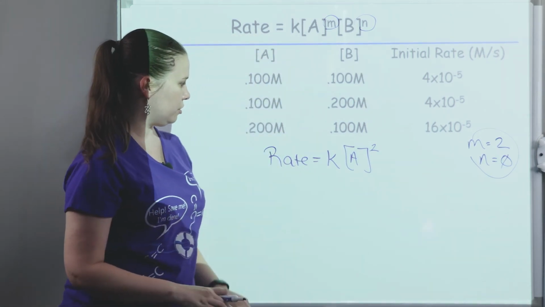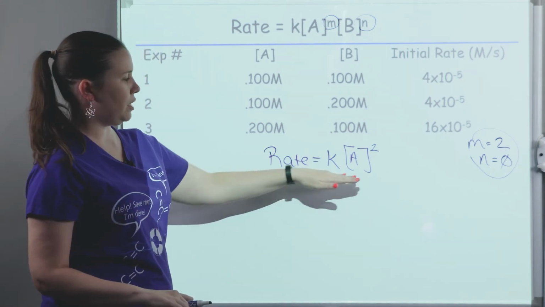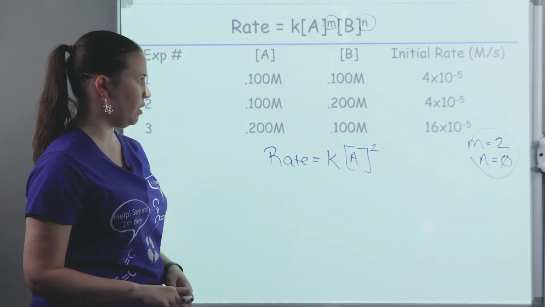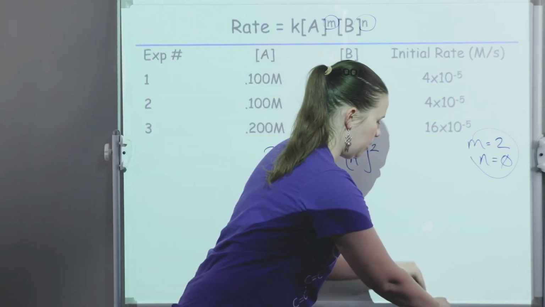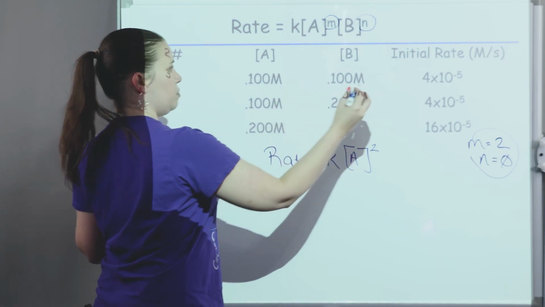So my rate law is actually simplified down to rate is equal to K times the concentration of A squared. In order to find K, you have to plug in some sample data. So I always just pick the first experiment.